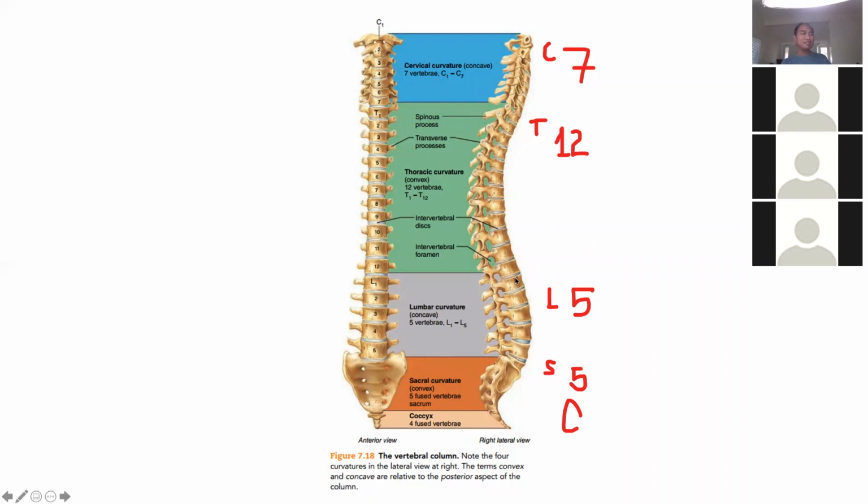The same thing with the lumbar spine. It is mainly for bending forward, flexion, and bending backwards, extension. You don't want to move too much because just in front of the lumbar spine we have our abdominal cavity, abdominal viscera and pelvic viscera.